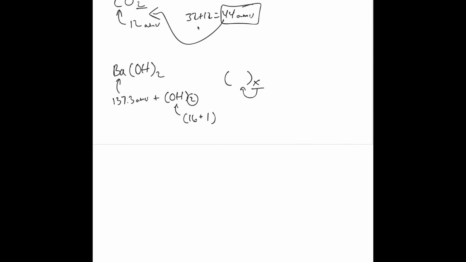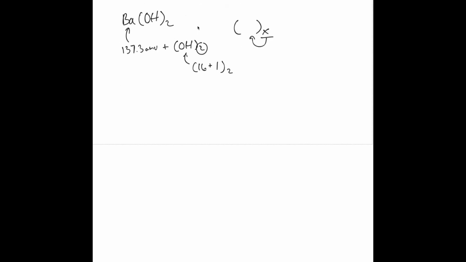In our case, the value is 2. So we'd have 17 times 2, and that's going to give us 34 AMU. So we just take this and this, and we add them together. We're going to get a grand total of 171.3 AMU.